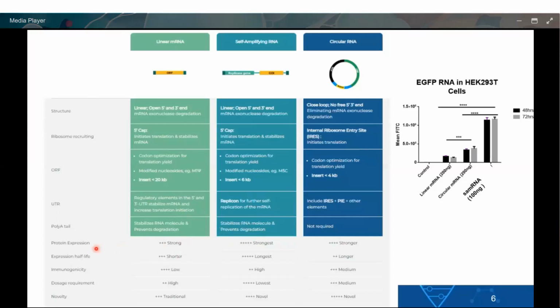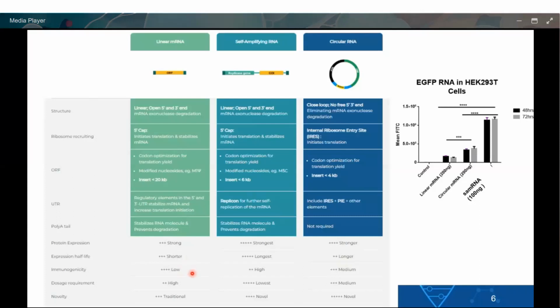And let's see the protein expression. Self-amplified RNA, or saRNA, has the strongest protein expression, and the circular RNA is stronger. And this linear one is just strong. And for the expression half-life, saRNA has the longest half-life, the circular one is second, and the linear is the shortest.